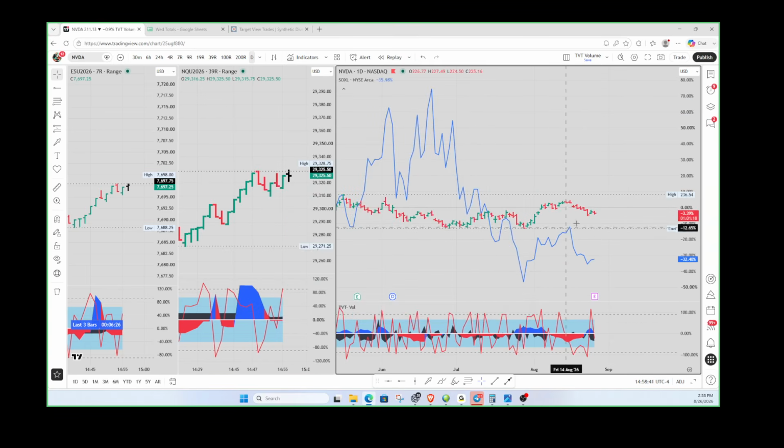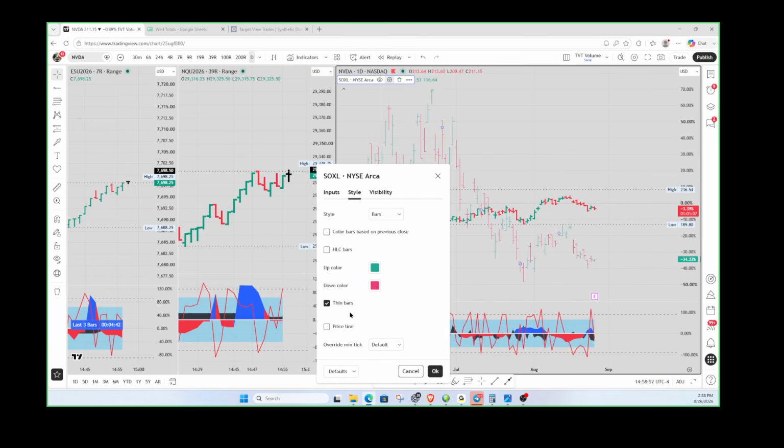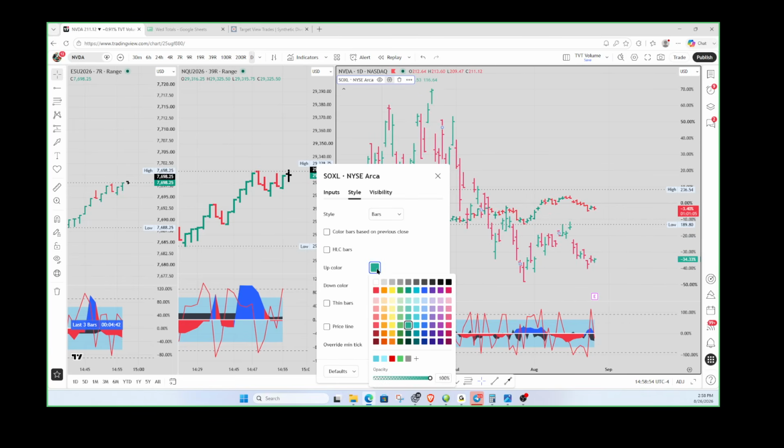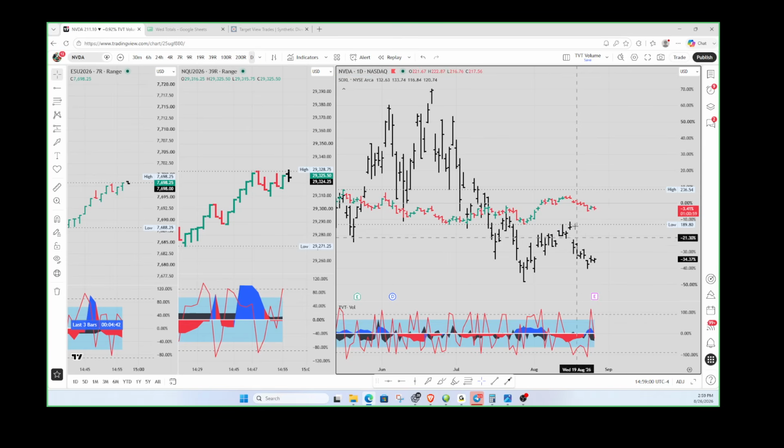So what I want to go over was these other things that you can do, like the SOXL. Now the SOXL runs very close to what the NVIDIA runs. If I turn it into bars and shut off the thin bars, I'll just make them all black. So you can see the SOXL runs very close to the way NVIDIA runs. SOXL is a 3x derivative of the semiconductors, so it runs very close to that.